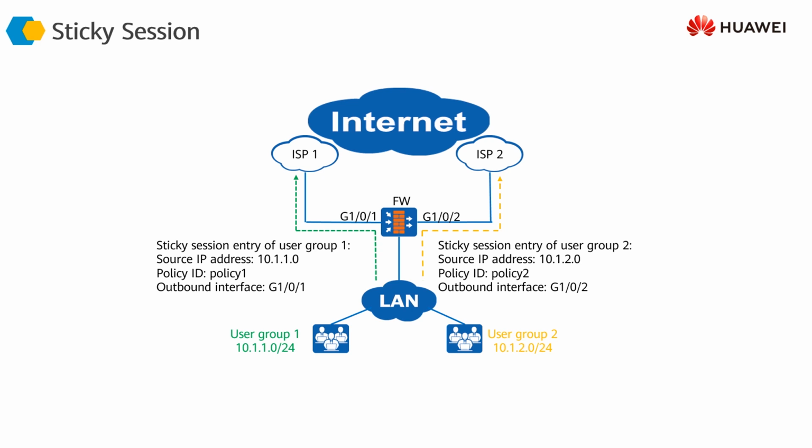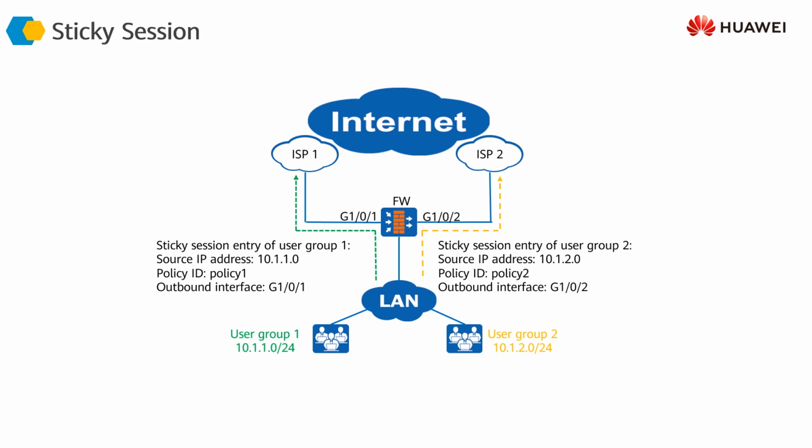That traffic is going to continue to be forwarded through the same link so that the users do not experience any service interruption. Only the new traffic is going to be forwarded through ISP 1 so that new sessions can be established through the ISP 1 network. In this way, the users will not experience any service interruption.